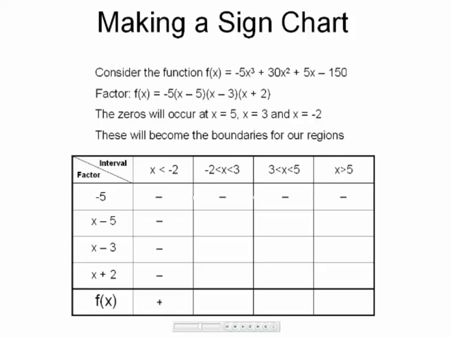In this range, an appropriate x value to choose would be 0, nice and easy to calculate with. When we put 0 into x minus 5, we get negative 5, which is negative. When we put 0 into x minus 3, we get negative 3, which is negative. And when we put 0 into x plus 2, we get positive 2, which is positive.